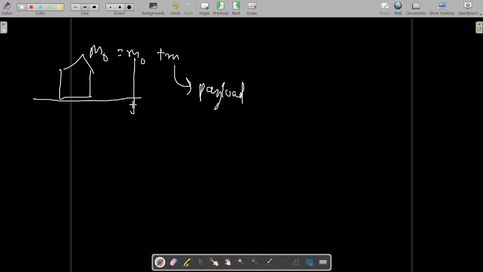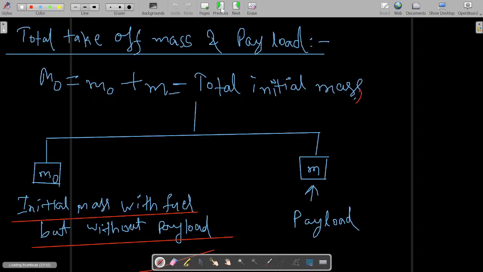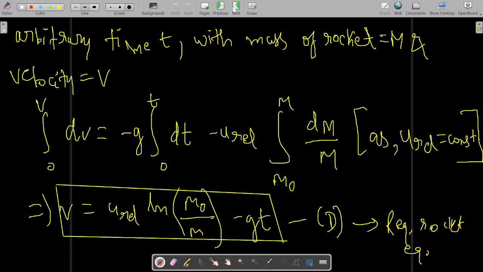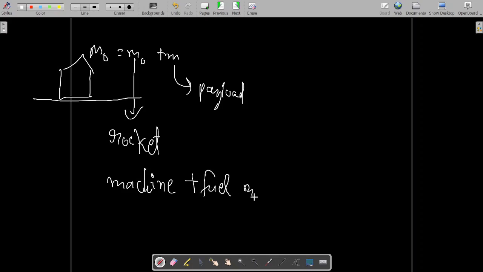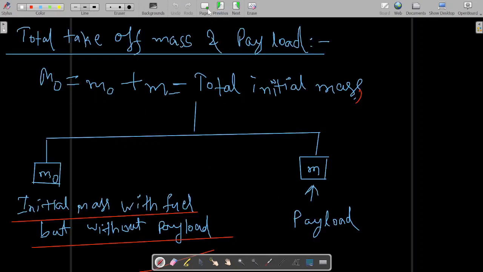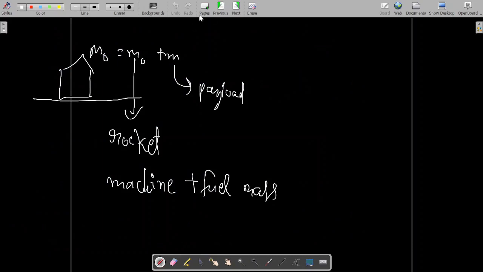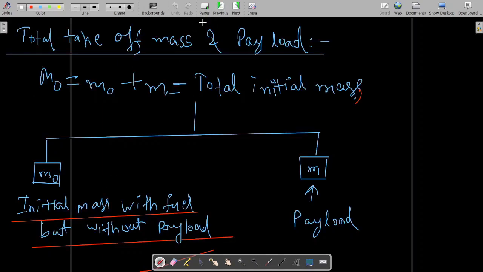And this is the mass of rocket machinery plus fuel mass. So small m is the mass of payload and small m naught is the mass of rocket machine along with fuel.